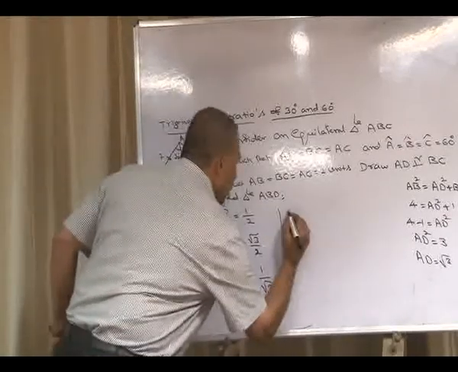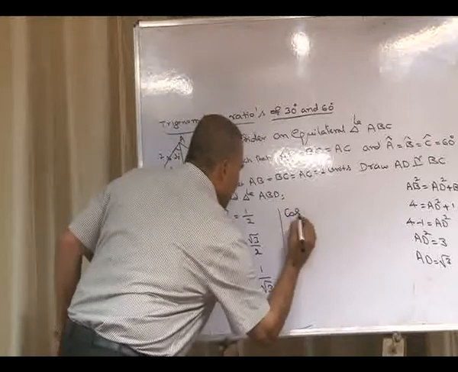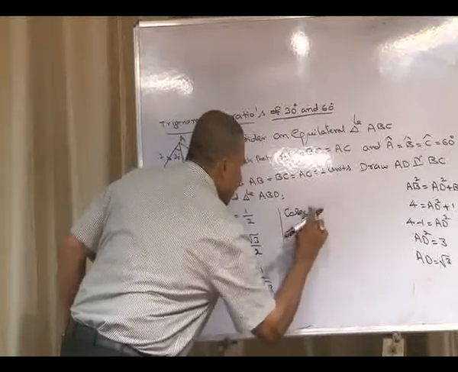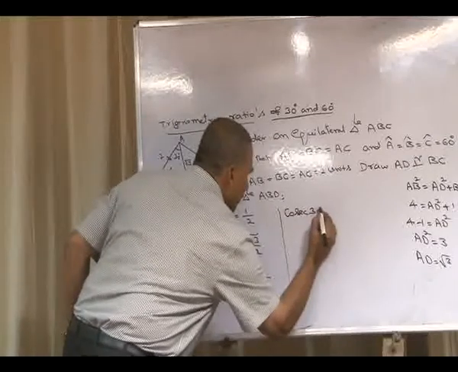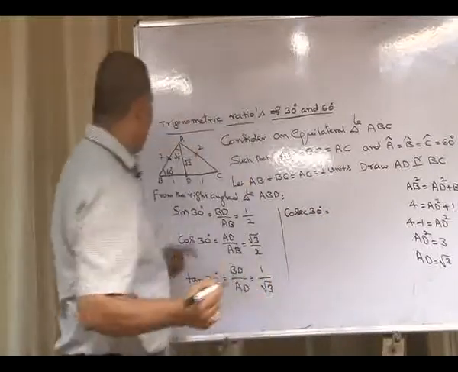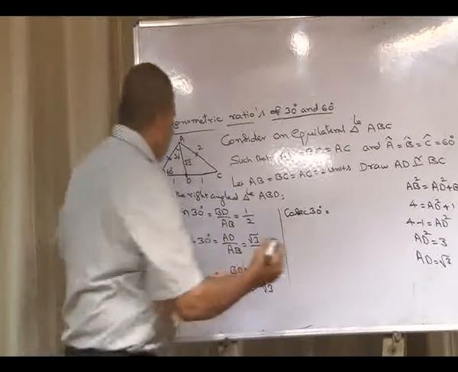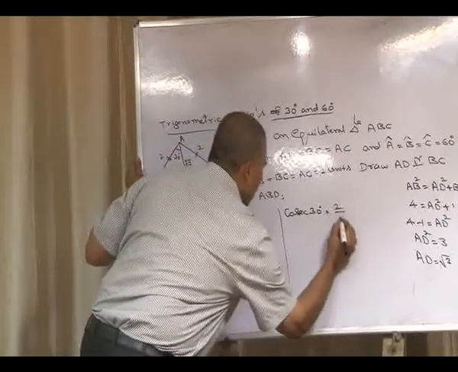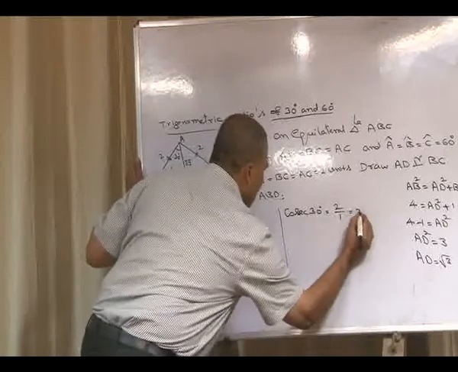Next, cosecant 30 degrees. Cosecant is hypotenuse by opposite side. Hypotenuse is 2, opposite side is 1, that is equal to 2.